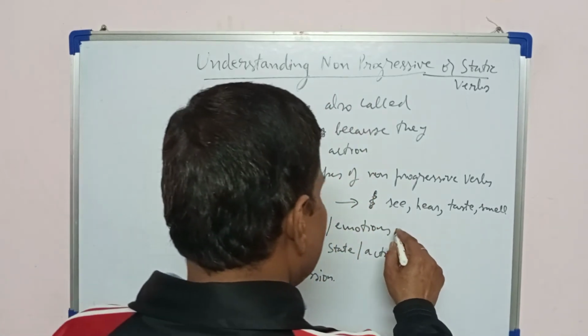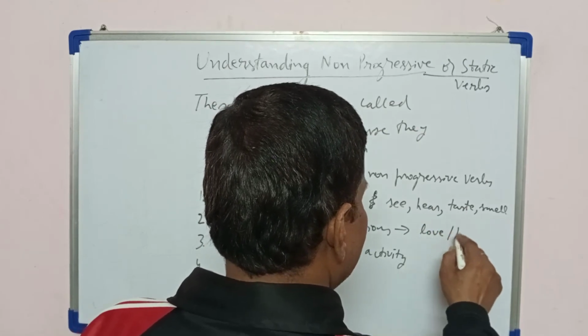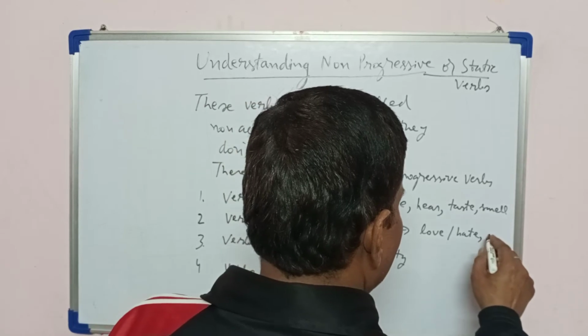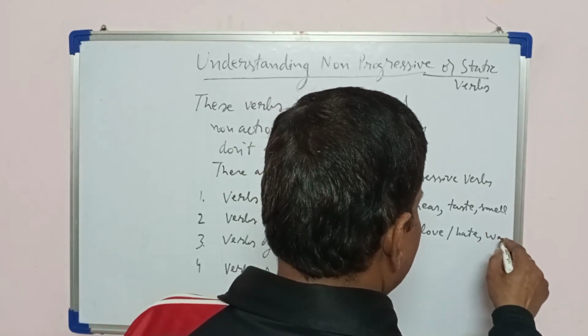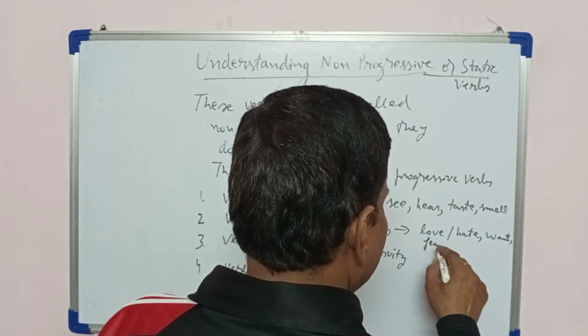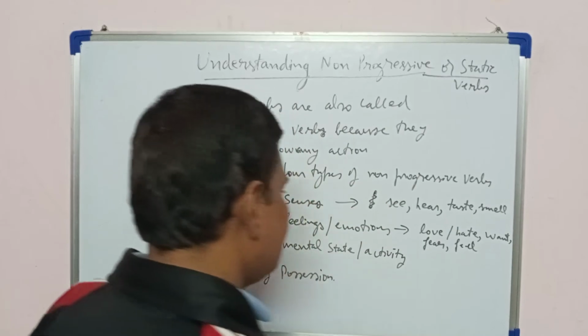Verbs of feelings and emotions are like love, hate, want, fear, feel.